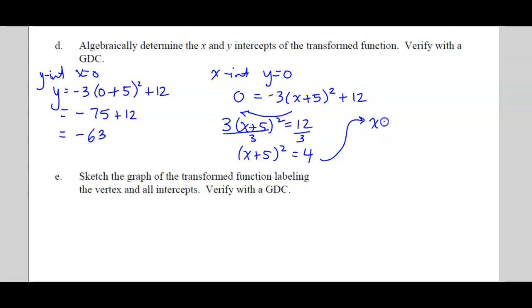So x plus 5 is going to be plus or minus 2 because we're taking the square root here, positive or negative. And so then we'll get x equals negative 5 plus or minus 2. And now actually find those values. Negative 5 plus 2 is negative 3. Negative 5 minus 2 is negative 7. So those are your x-intercepts.